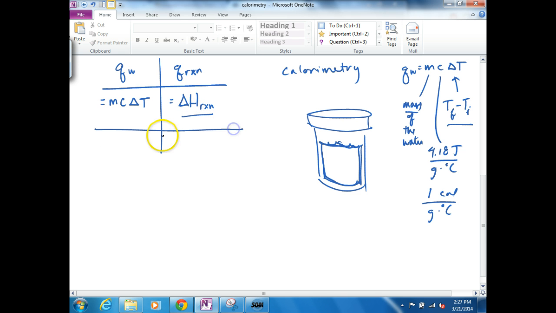Okay. Now let's make another distinction. Q sub W is the heat that is going to be absorbed or released by the water in the cup.